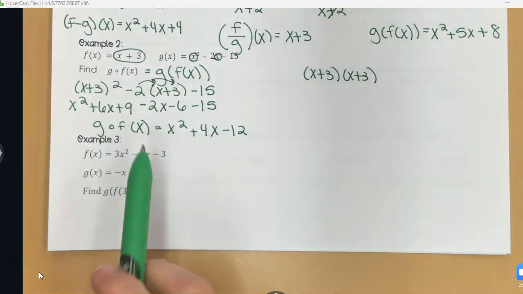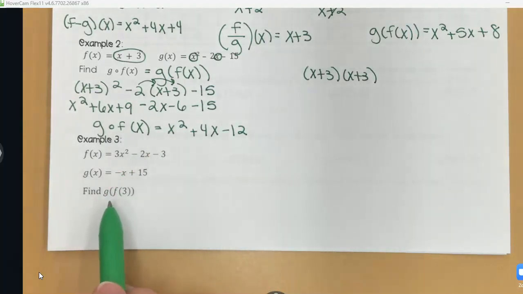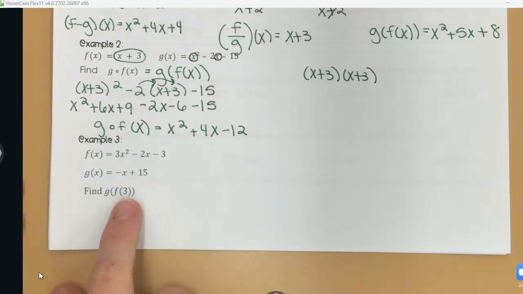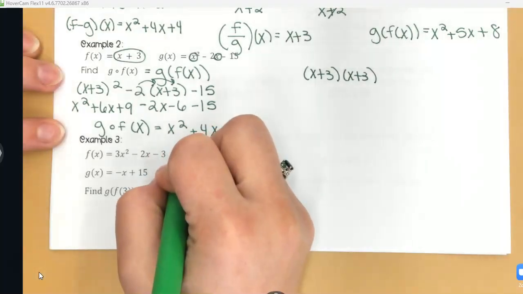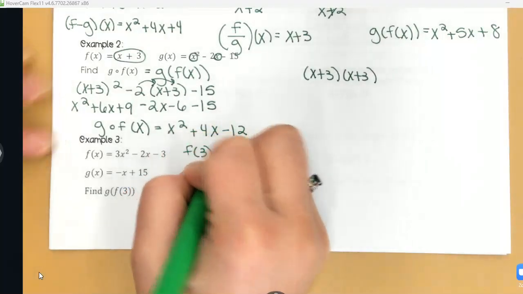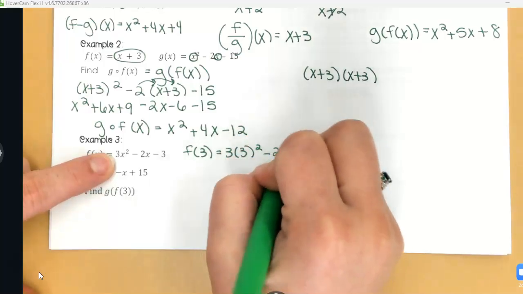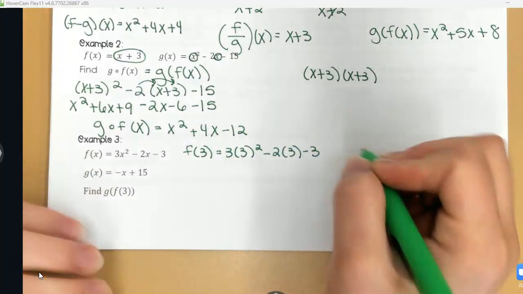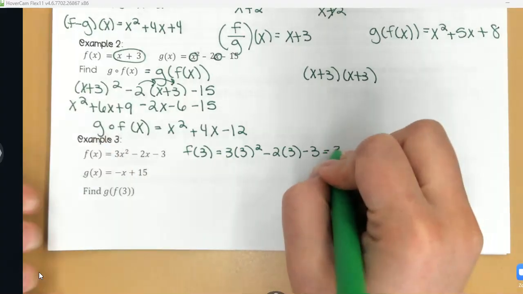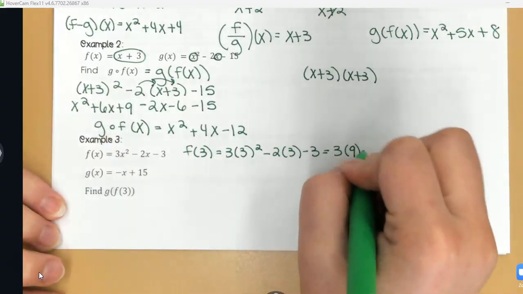Okay, another example with composition, I want to find g of f of 3. Now there's 2 ways I could do this. I could start with the inside and find f of 3, which we know how to do by evaluating functions. This would be 3 times 3 squared minus 2 times 3 minus 3. Well, order of operations, 3 squared is 9.